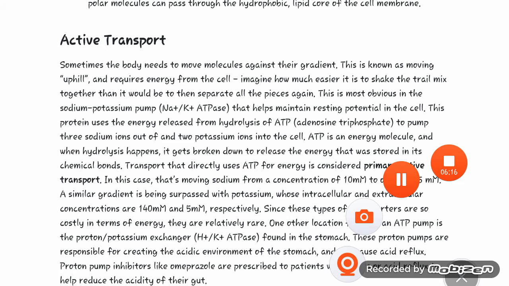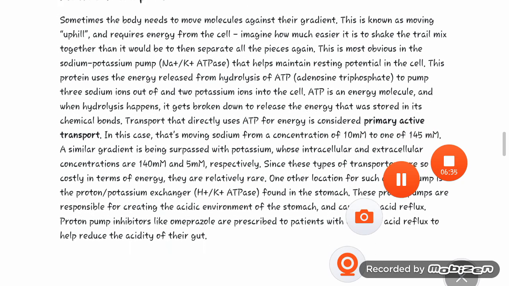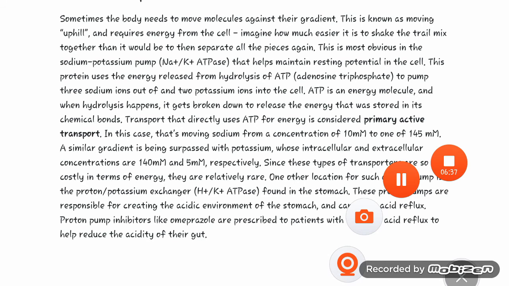These proteins use the energy released from the hydrolysis of ATP to pump 3 sodium ions out of and 2 potassium ions into the cell. ATP is an energy molecule, and when hydrolysis happens, it gets broken down to release the energy stored in its chemical bond. Transport that directly uses ATP for energy is considered primary active transport.